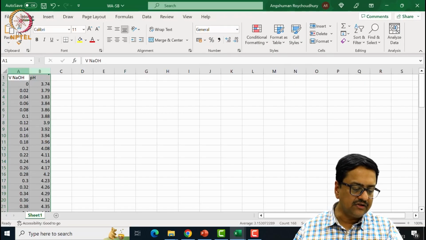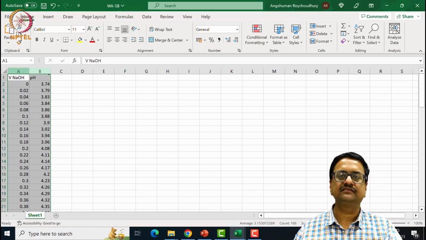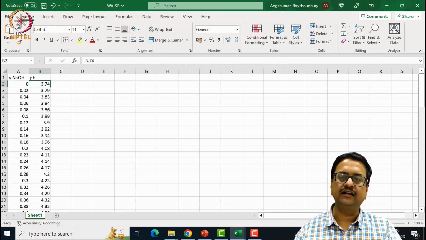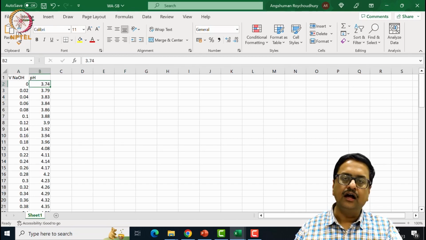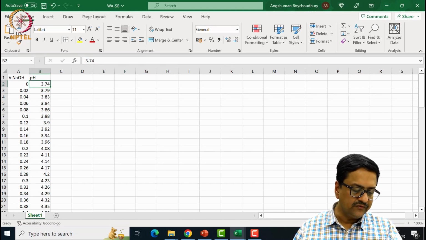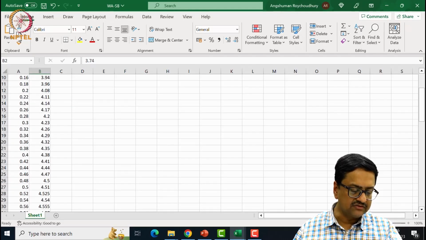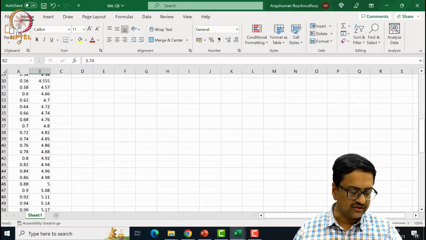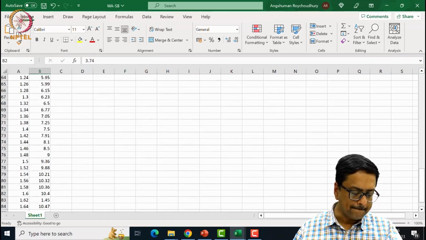This is the data table of the weak acid versus strong base titration. If you remember, with acetic acid, the starting reading was high, 3.74 compared to that of HCl, and we continued adding small amounts and noted down those values, which are shown here on the screen.